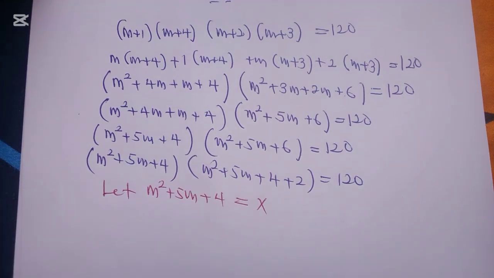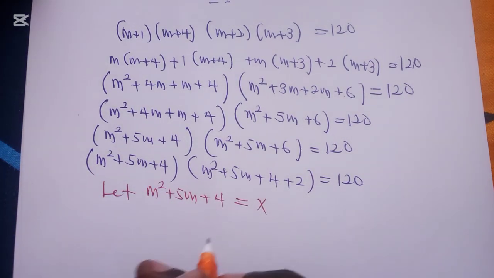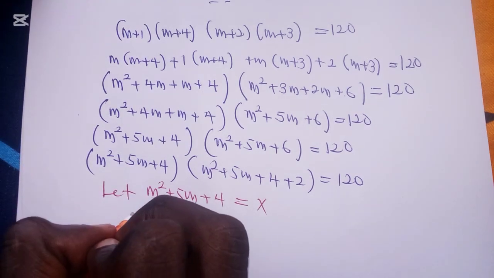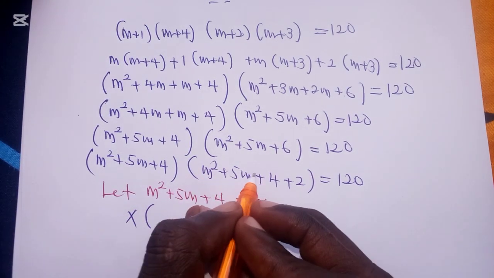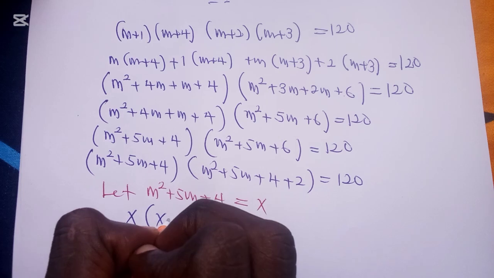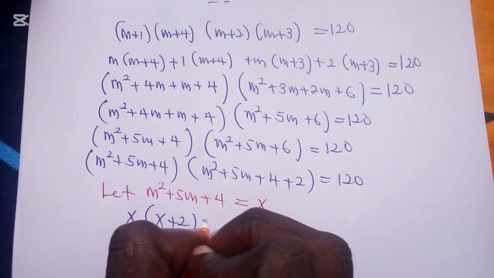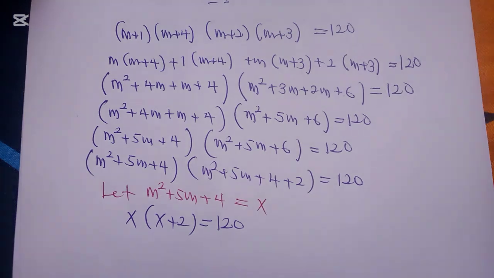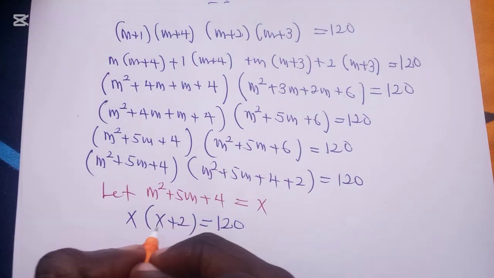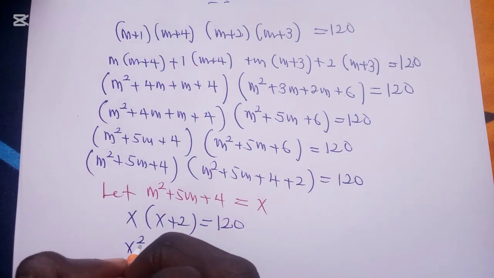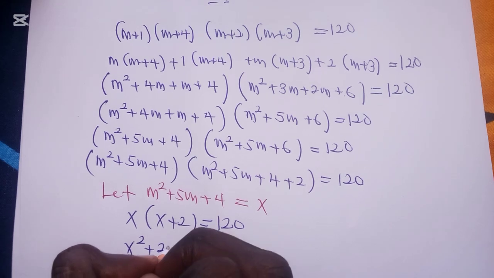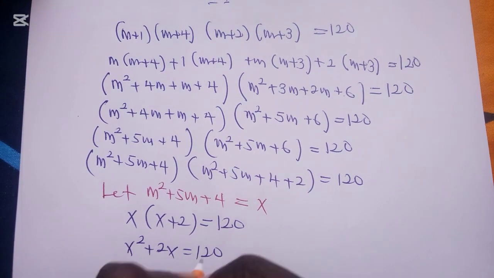Let's substitute: this becomes x times (x plus 2), and everything equals 120. Now let's multiply: x times x is x square, x times 2 is 2x, then everything equals 120.